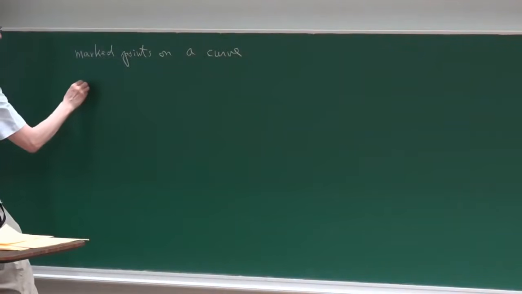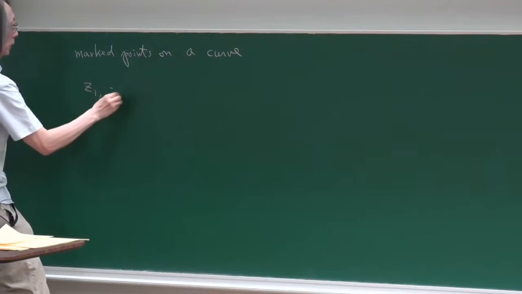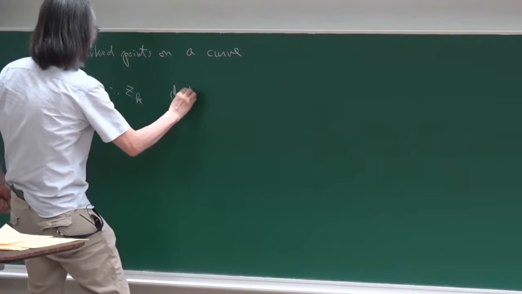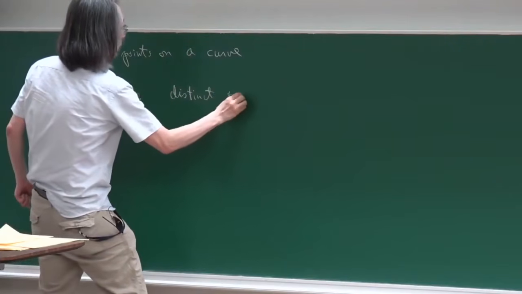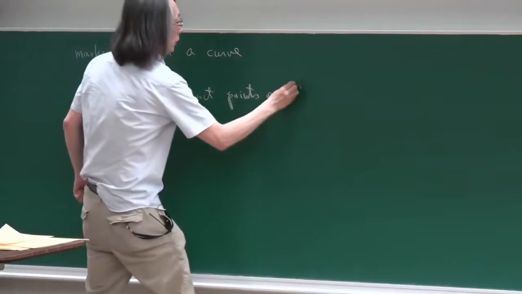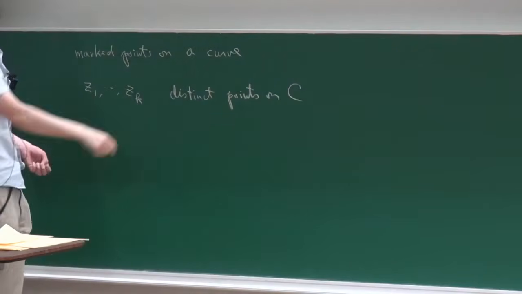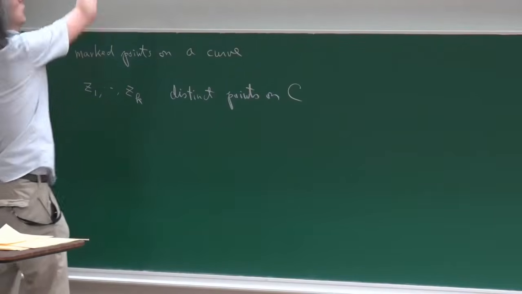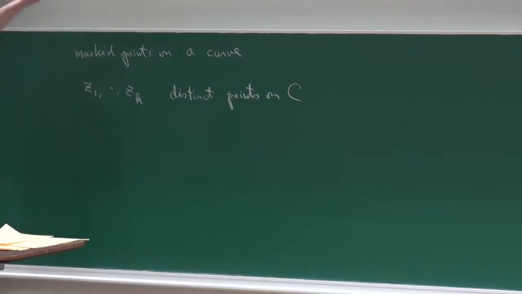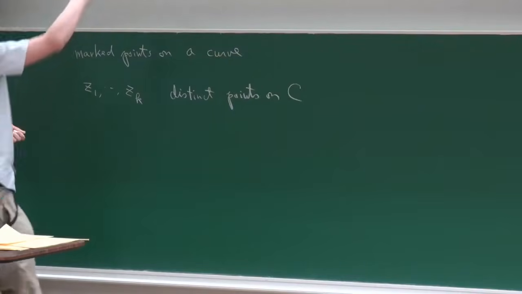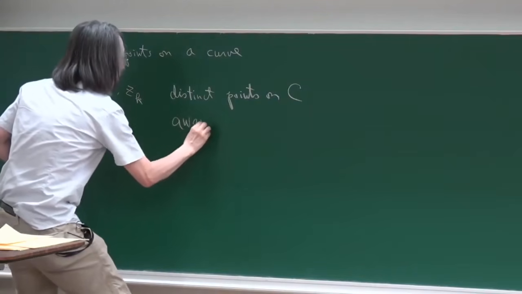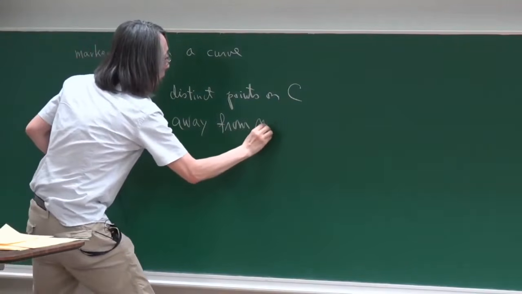So this is just maybe say Z1, Zk are just distinct points on this C. So C is just this union of closed Riemann surfaces, and then Z1, Zk are distinct points on C, so that Z1, Zk never coincide with a singular point, never coincide with a nodal point, away from nodal singularity.